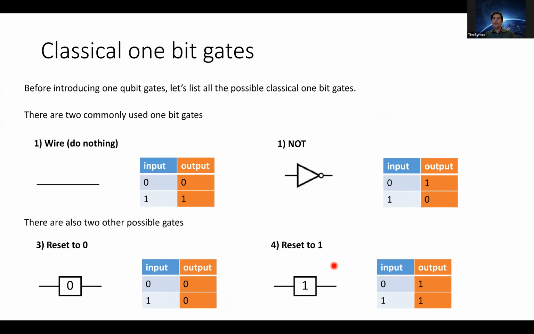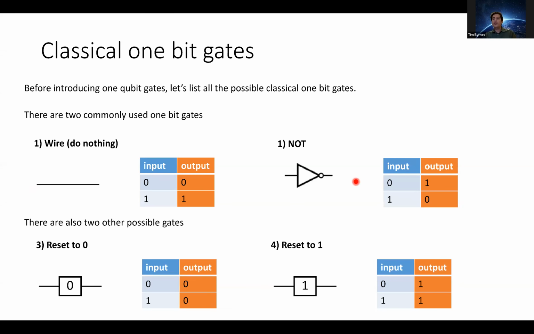So in the classical computing case, one bit of information is only 0 or 1. So there are only 2 different states, and actually there are only 4 different functions in total.